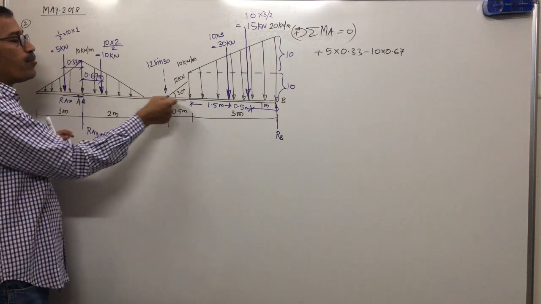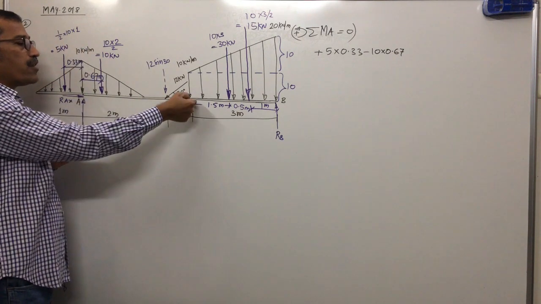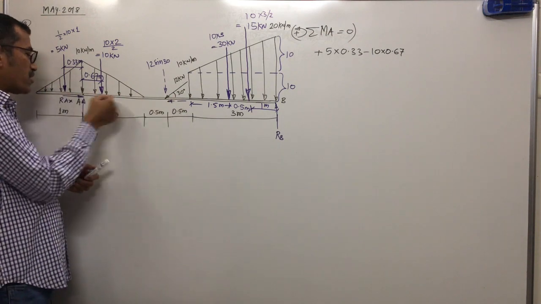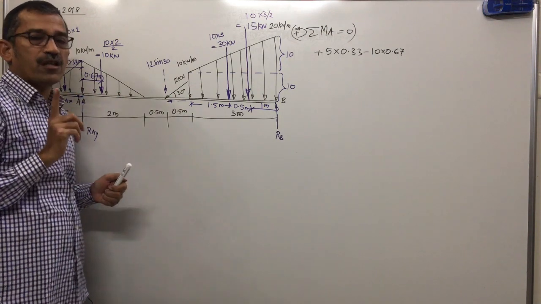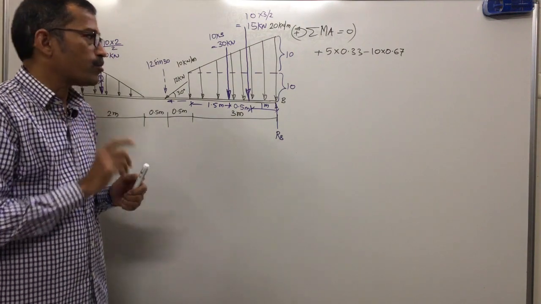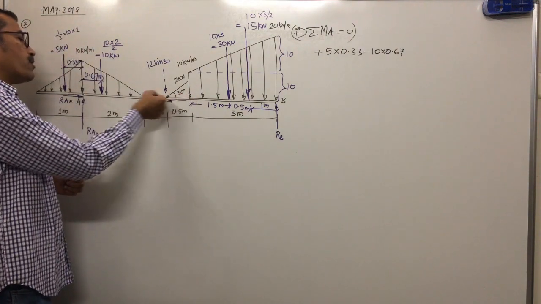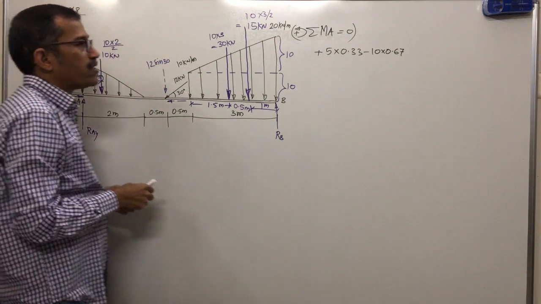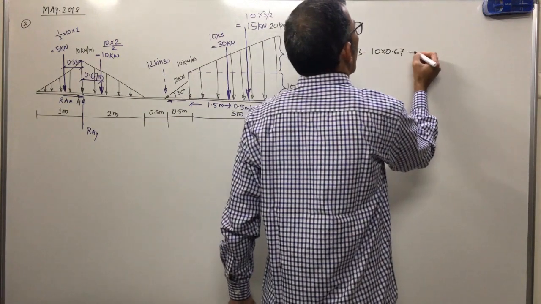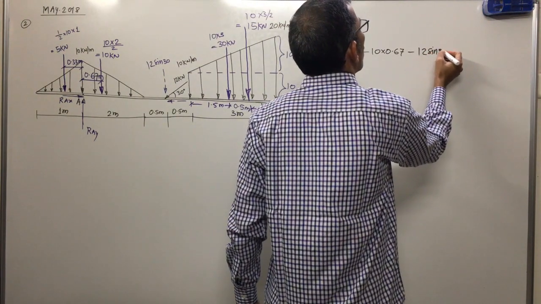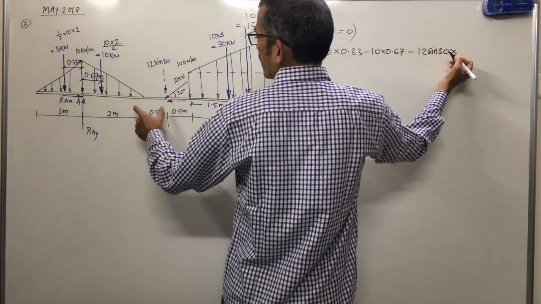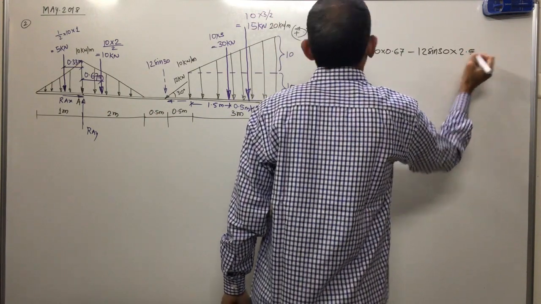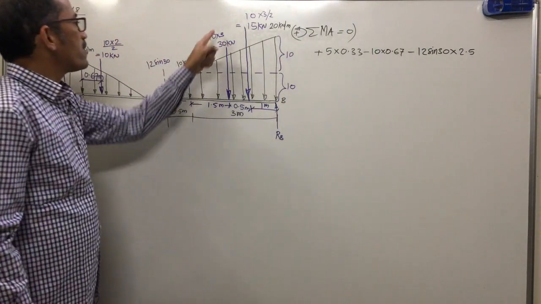The moment of the horizontal component of 12 is 0, because its line of action passes through point A. Whenever the line of action of any force passes through the moment center, moment is 0. The moment of the vertical component about A is clockwise, minus 12 sine 30 into 0.5 and 2.5 meter.